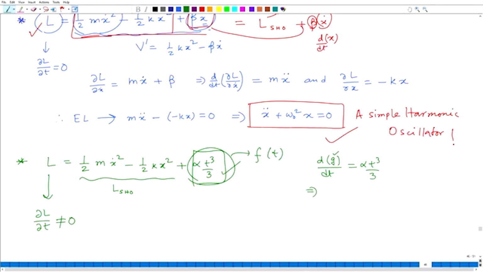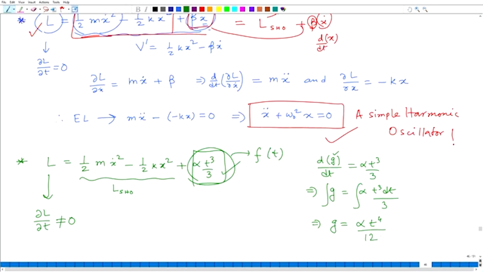I can then say, let us do something like that, G should be equal to the integral of alpha t cube dt by 3, and if you integrate, with proper integration constants, you can get rid of the arbitrary constant and you can say this G is nothing but alpha t to the power 4 by 12.